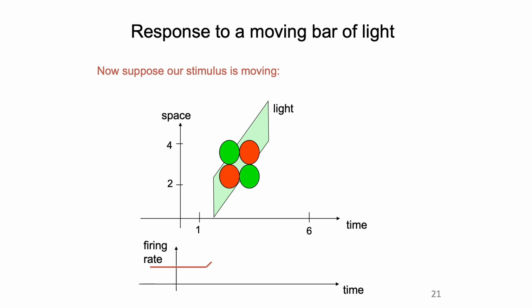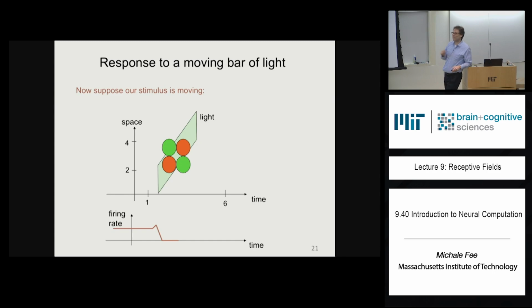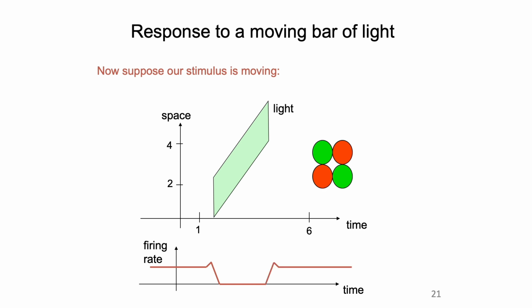Very little contribution from the positive lobes, and so the firing rate's going to go down. And once the firing rate hits 0, it can't go any more negative, right? So the firing rate is just going to sit at 0 until this stimulus moves out of the temporal receptive field of this neuron. And then what? It's going to go back up to the spontaneous rate.